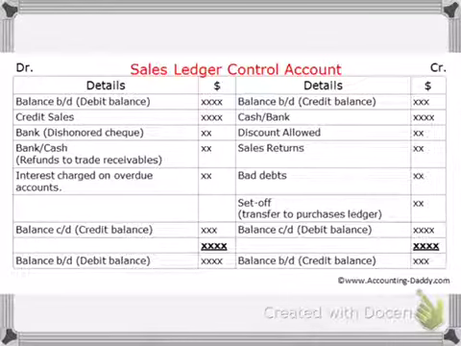So in Mr. A's account I'll be entering $100, and once again in Mr. B's account also I will be entering $100. But when I'm making the control account, I will be entering the amount of $200 here, right, for credit sales. Why? Because this is the total debtors account that I have.